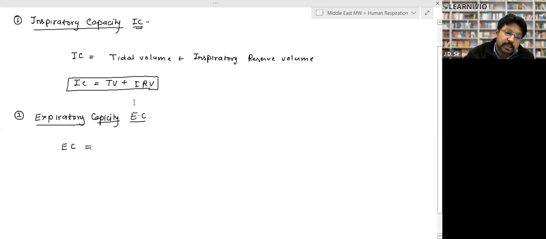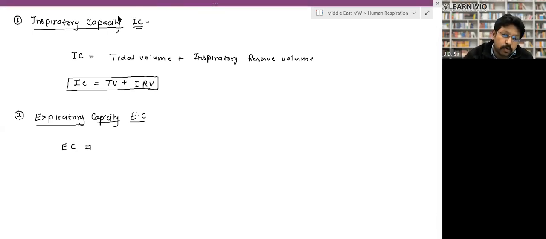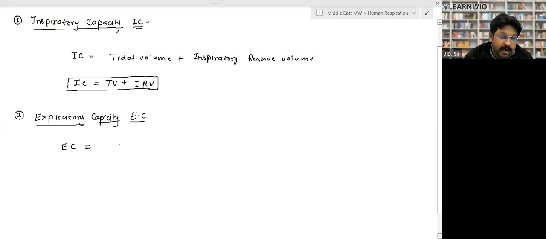So expiratory capacity will be equal to first TV, tidal volume, that 500 ml we take in, 500 ml take out, plus expiratory reserve volume.